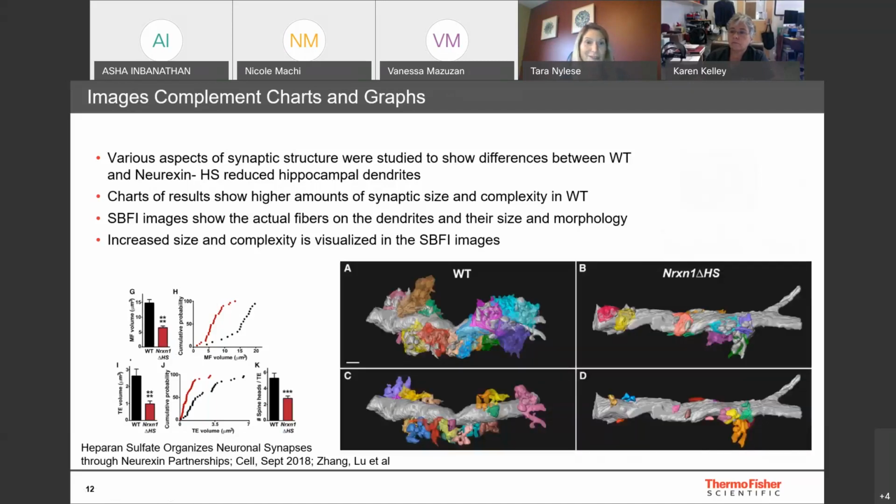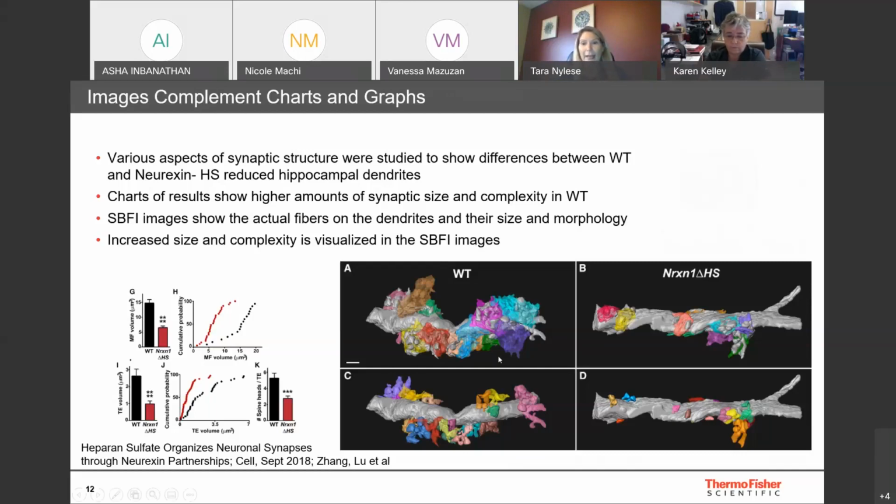However, the charts and graphs themselves don't really tell us all that much. It says, okay, there's less of these dendrites, but what does that mean? Like, what does it look like? And so now when we look at the visual or the graphic, and this is the actual data that was collected from these dendrites on the wild type and the knockout, we could see that in both the mossy fibers and thorny ones on top and bottom, on the wild type on the left, there is more of them, so more of the growth, and the growths themselves are even more complex, so a little bit more branched out.